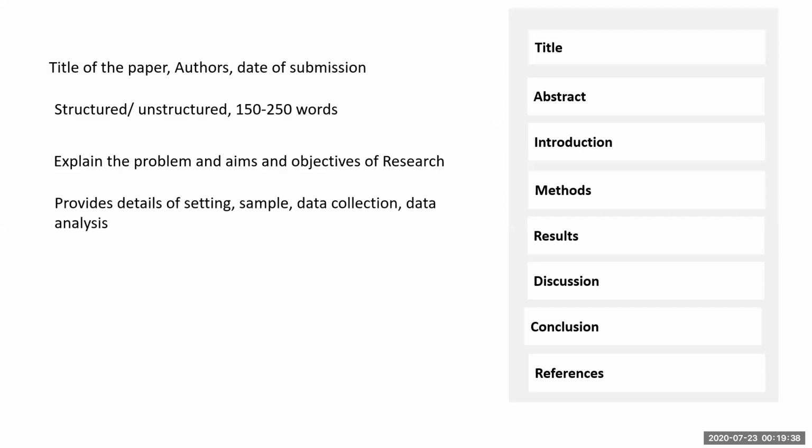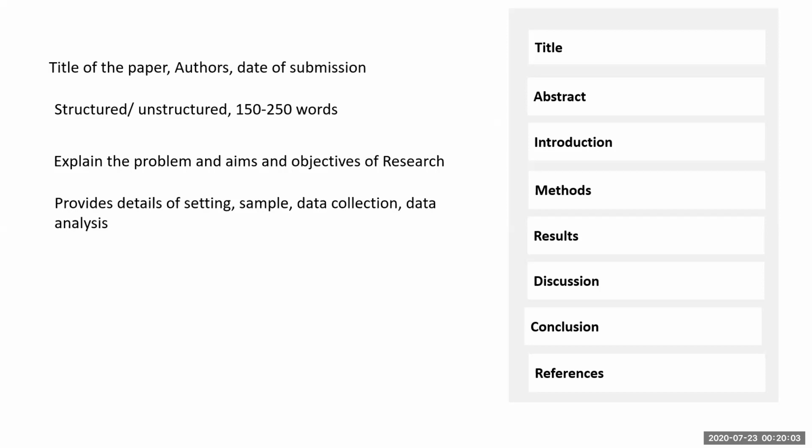So the methods, as the name suggests, is a section which provides details of the methods used to conduct the research study. It may include details of the research study design used, setting, sample, data collection, and data analysis activities that have been done. You will find a similar sort of information in qualitative as well as quantitative articles.